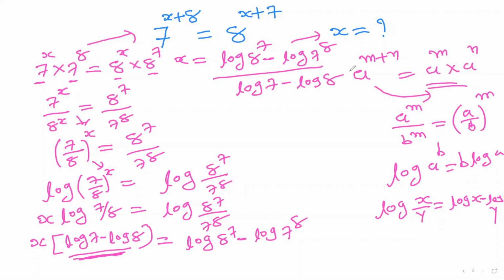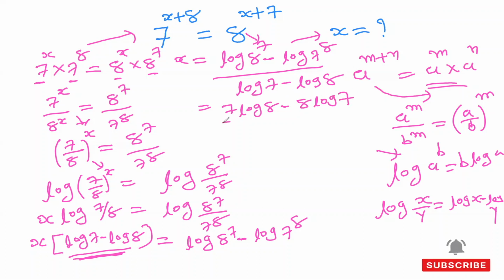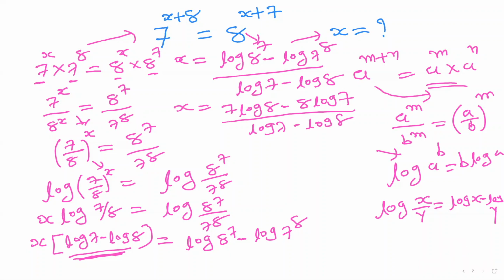Now the last step: we know log a power b, then b goes in the front. I have 7 as a power here, so that can also go in the front. So that is going to be 7 log 8 minus 8 log 7 over log 7 minus log 8. That is my x value.